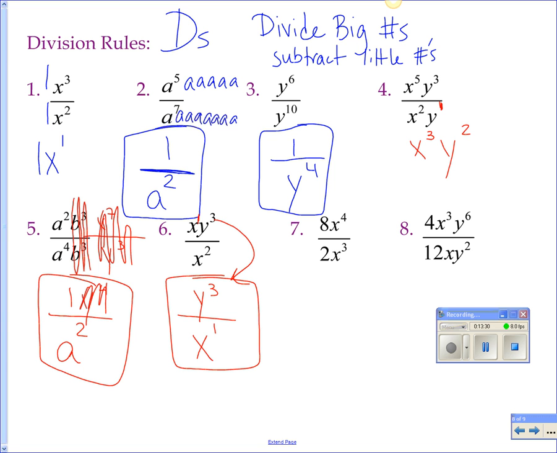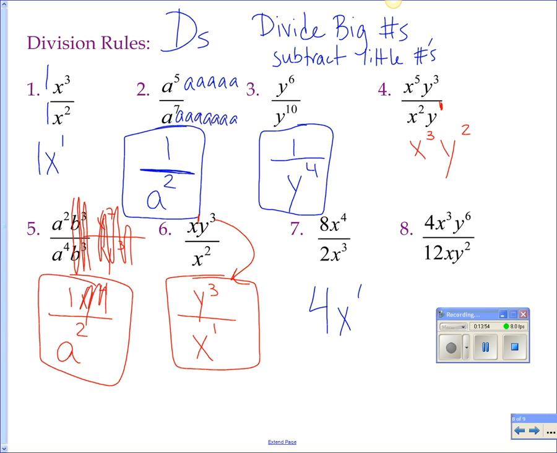Okay. All right, number 7, Ethan H. What do you think we're doing with 8 and 2? Very good. Why are we dividing 8 and 2? Very good. So 8 divided by 2 is 4. Jesse, what do I do with the 4 and the 3? Very good. So that gives me X to the 1.